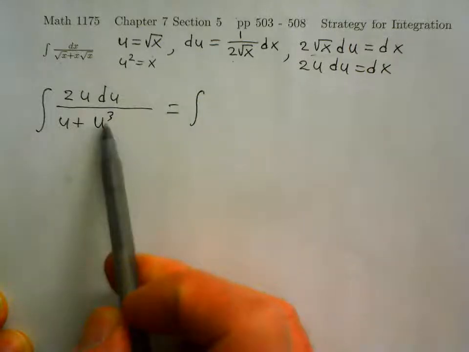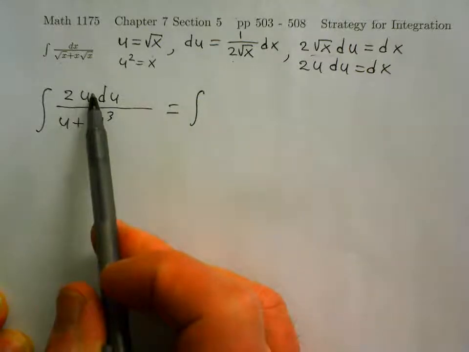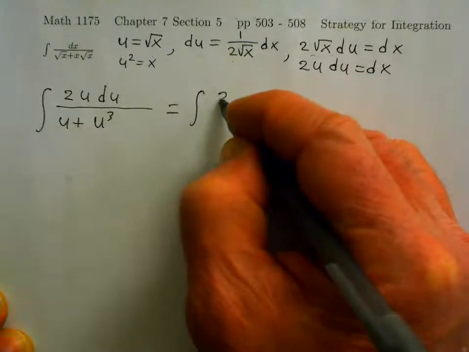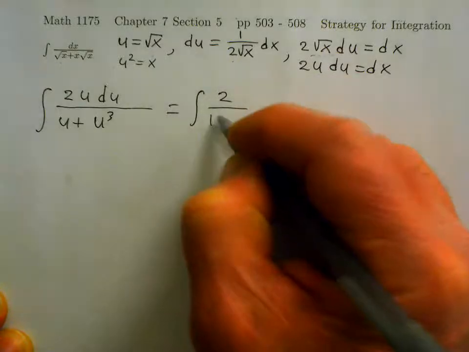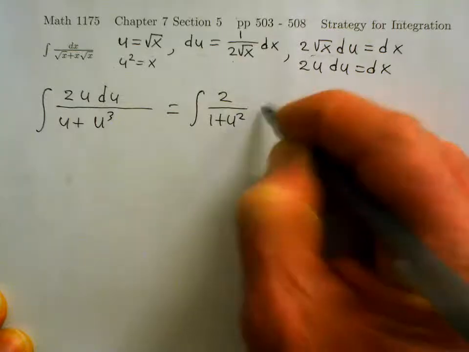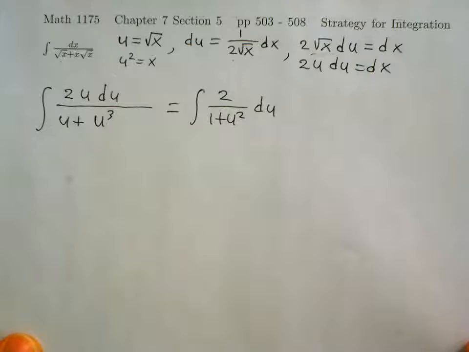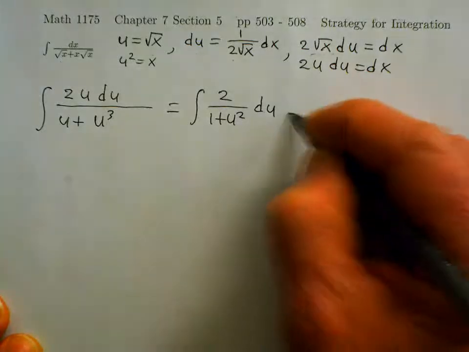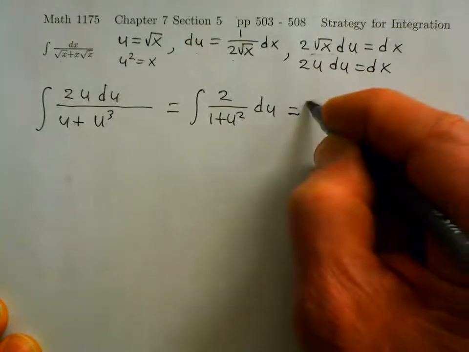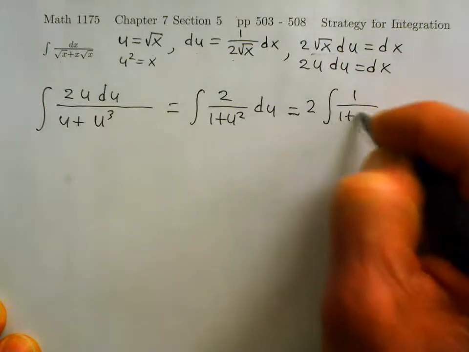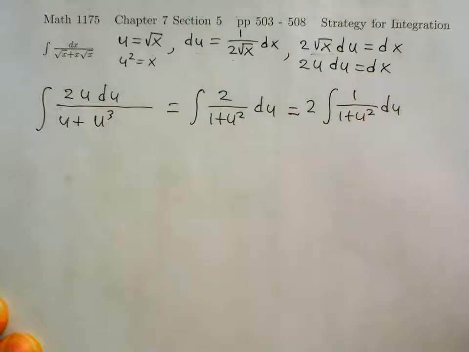So if we cancel one common factor of u, we'll just be left with the indefinite integral of 2 over 1 plus u squared du. You can think of this as 2 times the indefinite integral of 1 over 1 plus u squared du.